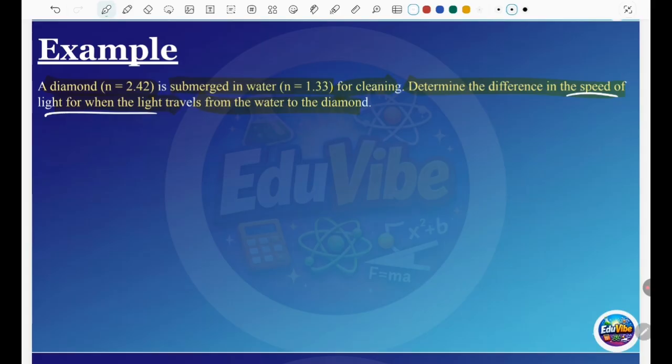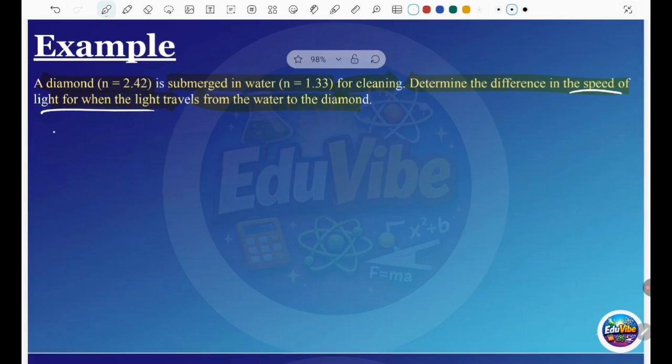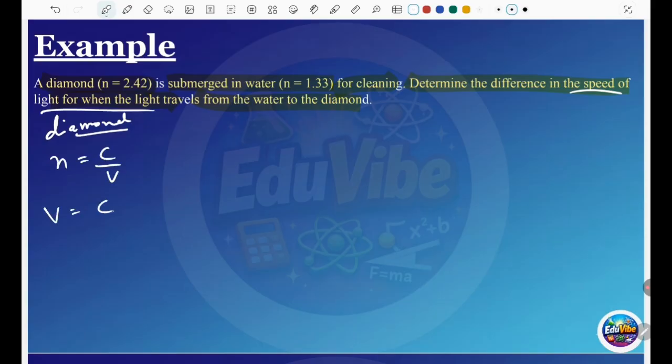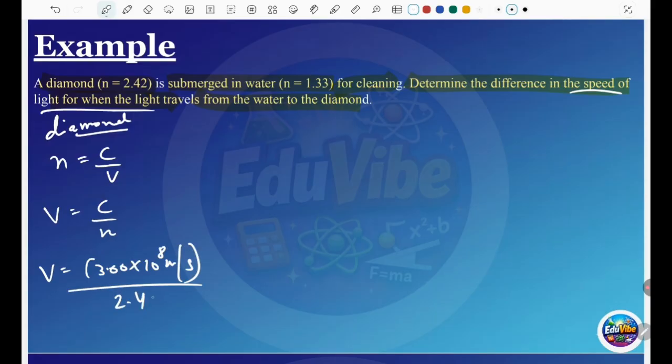So firstly, for the diamond, n = c/v, so v = c/n. This is 3.00 × 10^8 meters per second divided by 2.42. You will get 1.239 × 10^8 meters per second.